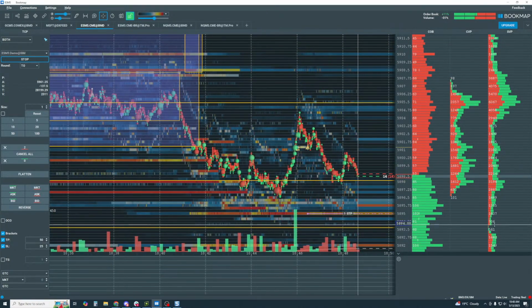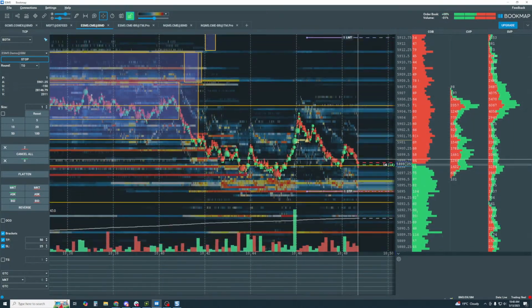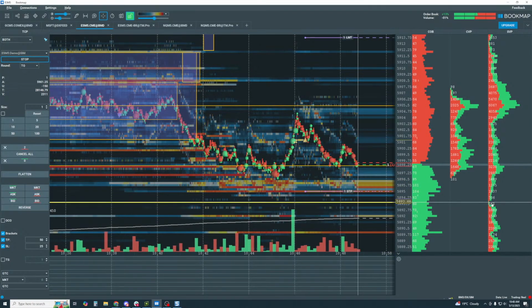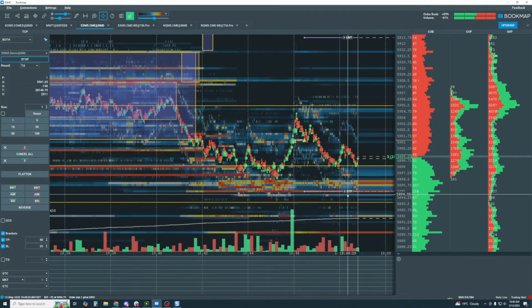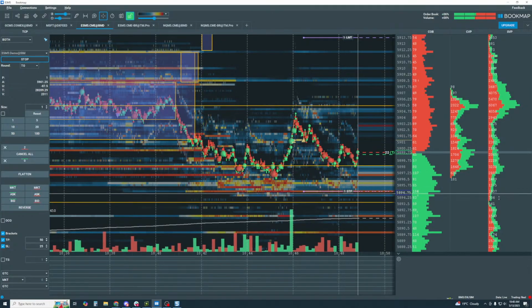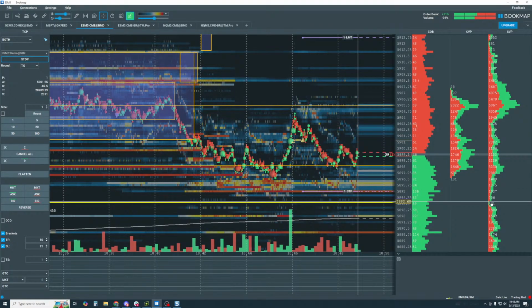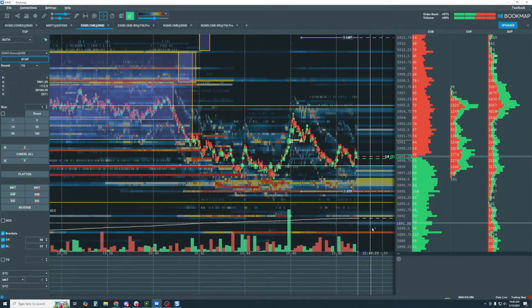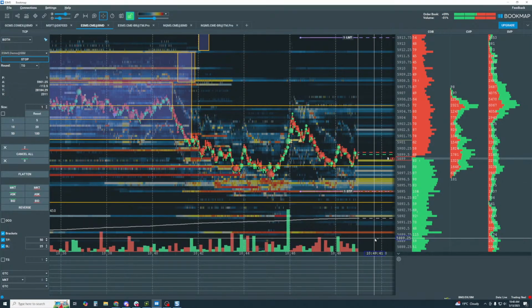Okay, taking a look at our stop loss in here. We're right here, at high liquidity and a low volume node just below us in here. So maybe we want to move our stop up or move it back down below.